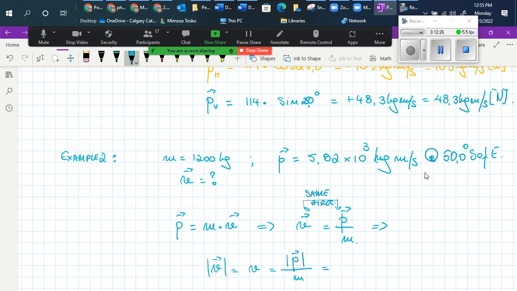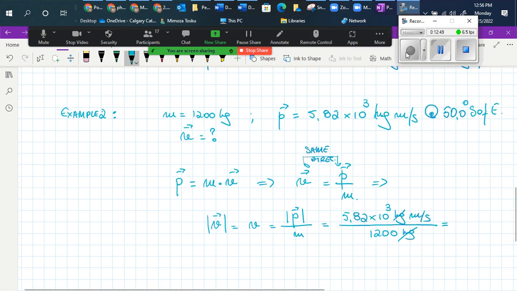So in this case, we'll have 5.82 times 10 to the power of 3 kilogram meters per second over the mass, that is 1,200 kilograms. So kilograms and kilograms are canceled out. And you will find that the magnitude of the velocity is 4.85 meters per second.